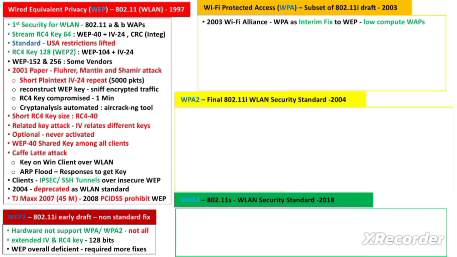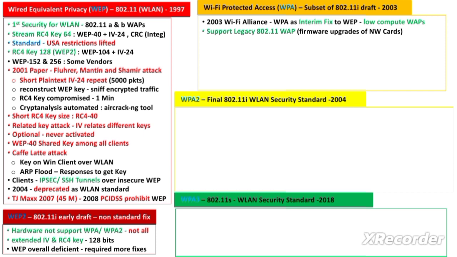So, the Wi-Fi Alliance in 2003 intended to do a quick fix on WEP, and they introduced this WPA, and it supported the legacy hardware and low computational wireless access points.